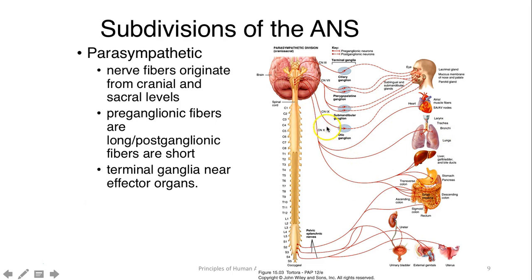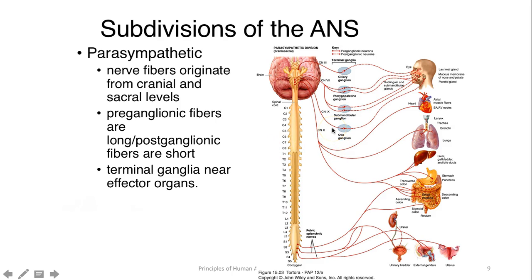Here you see cranial nerve 10, cranial nerve 9, 7, 3, for example. These are all parasympathetic nerves. You'll have seen these in lab. And then that terminal ganglion is near the organ. So it's not very far for it to go from the ganglion to the eye, is all that's saying.